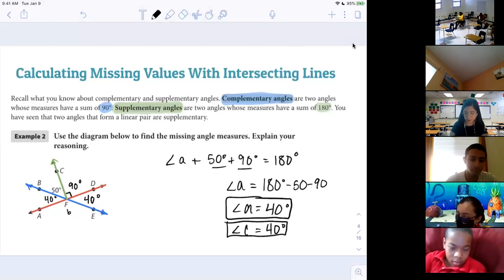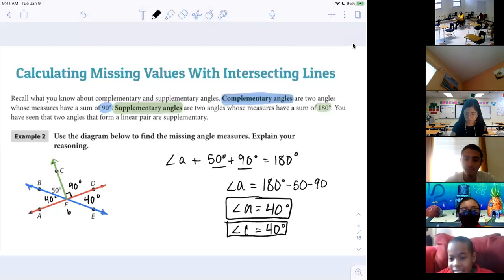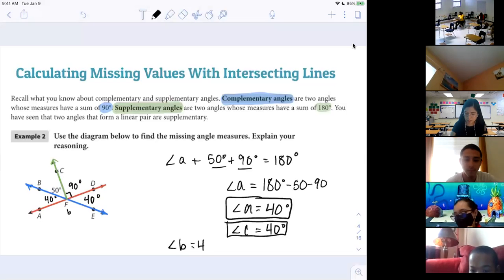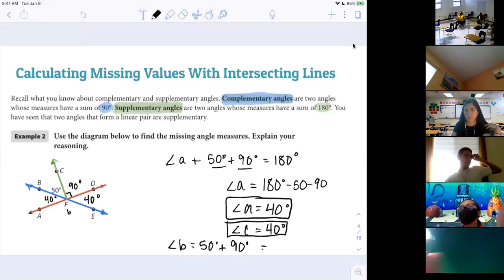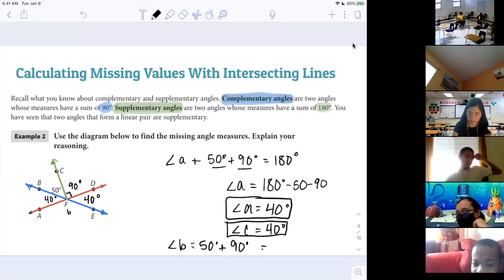And then what about angle B? 50 plus 90. Good. Why do you say 50 plus 90? Because those are also vertical angles. Yeah.